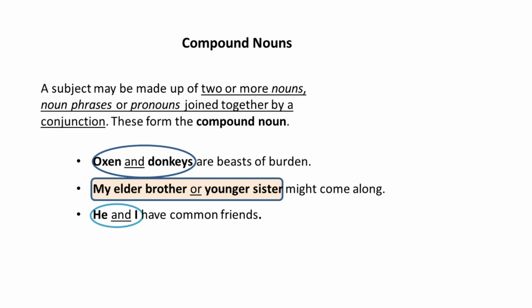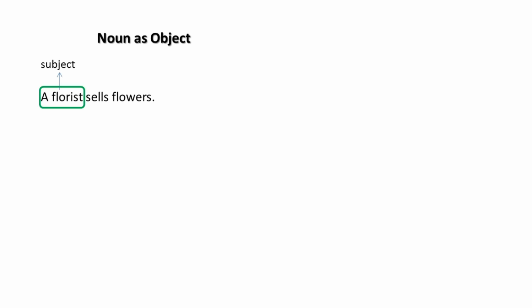That is it about noun as subject. And now let us learn how a noun functions as object. Noun as object. Consider this example. A florist sells flowers. In this sentence, a florist is subject and sells is the verb.